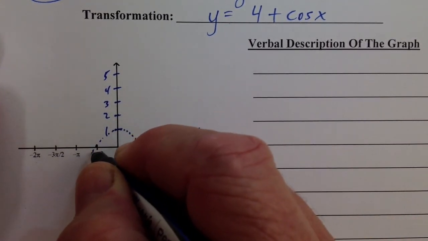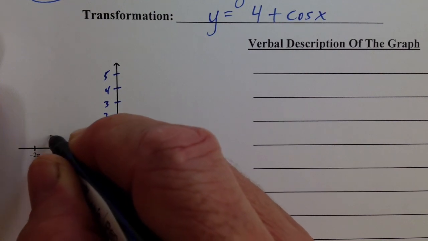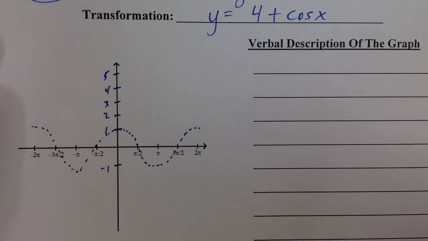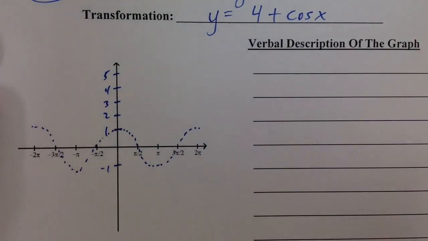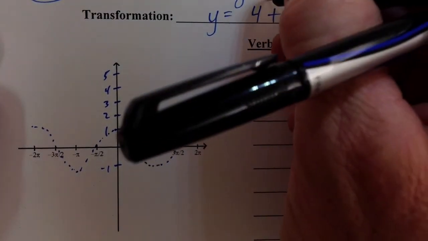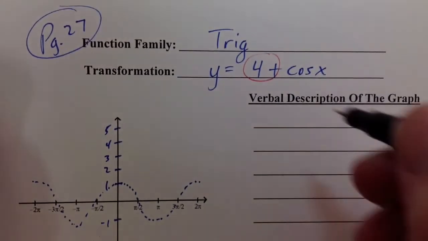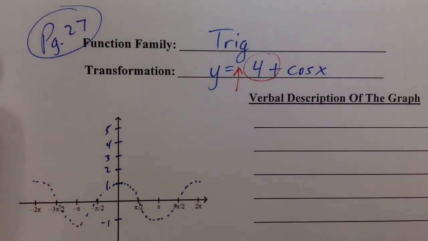There's the regular cosine graph, and then this plus 4 means we're going to take the cosine function and shift it up 4 units.